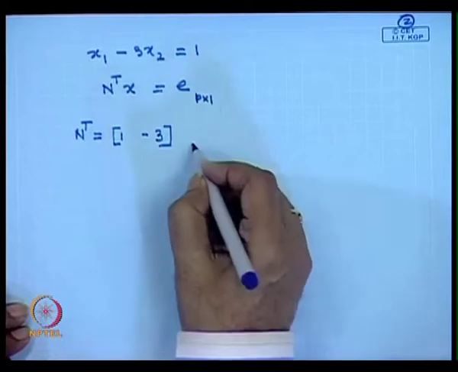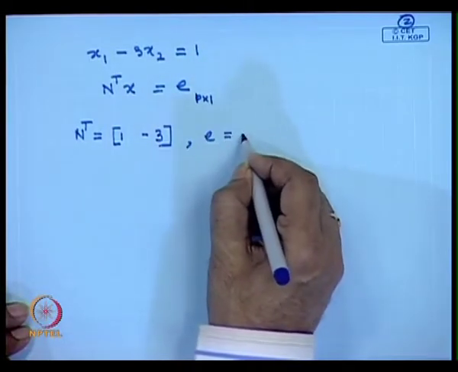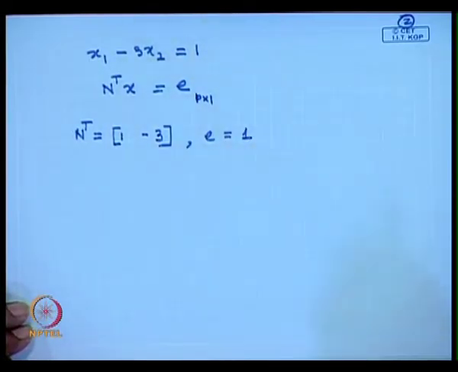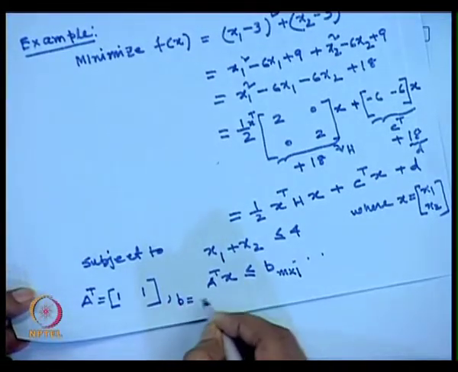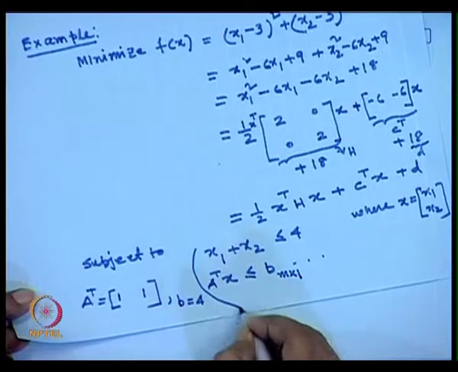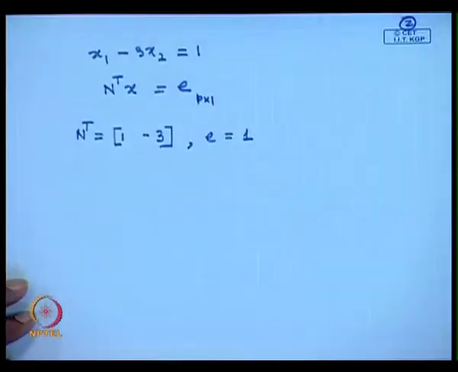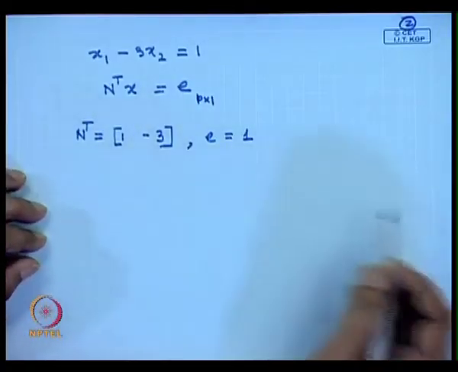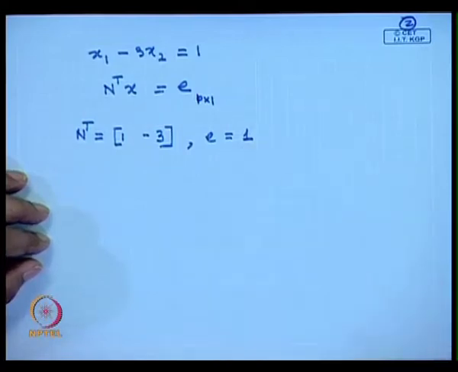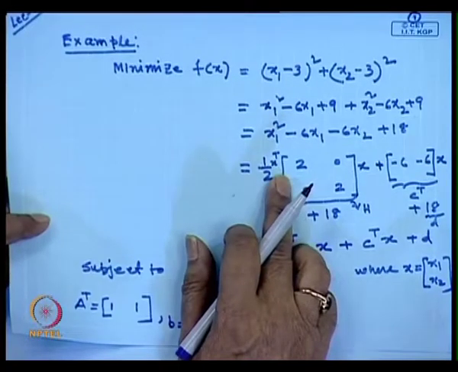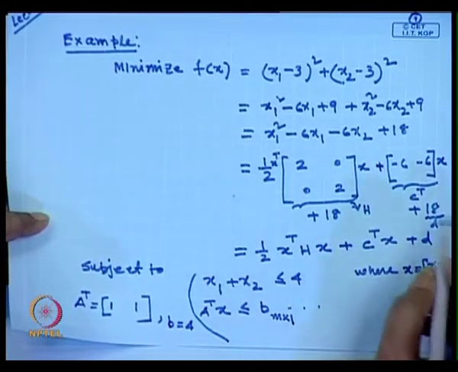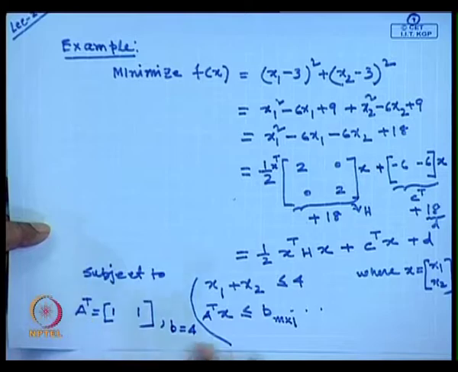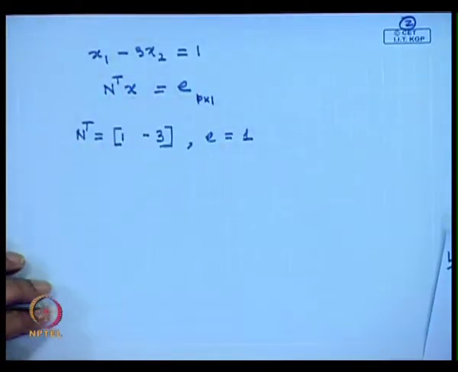So, e for our example is 1 and b is equal to 4. So we have identified what H is, what c transpose is, what d is, what A transpose is, what b is, what n transpose is, what e is, all these things.